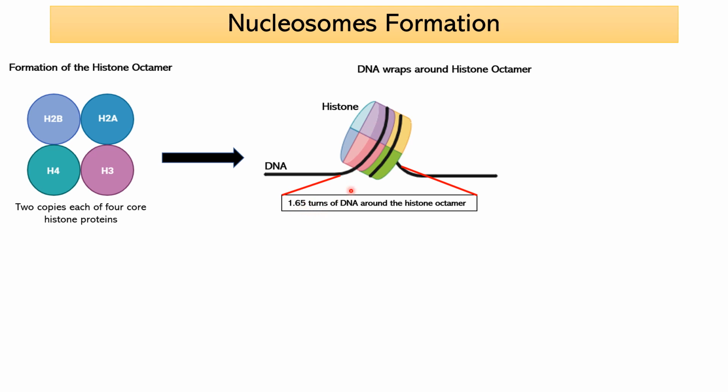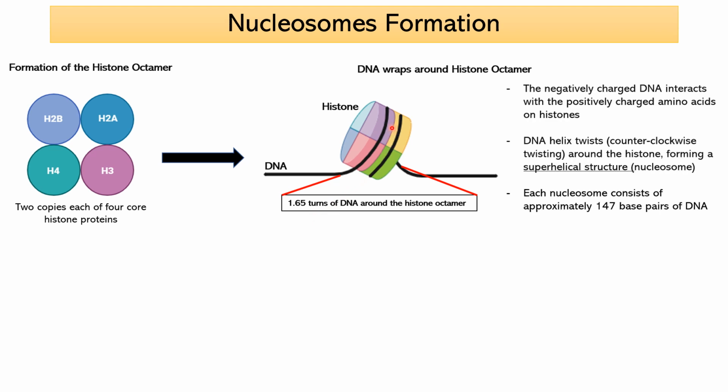And around every histone octamer, there are approximately 1.65 turns of DNA. The reason the DNA twists around the histone is that DNA is a negatively charged molecule, and it will interact with the positively charged amino acids found in the histone octamer.